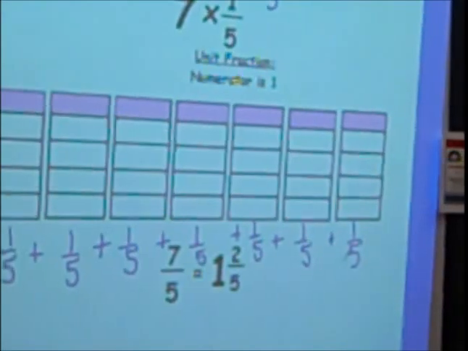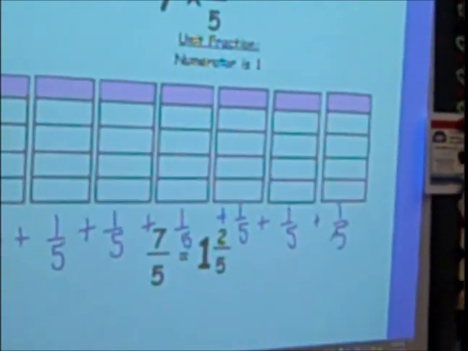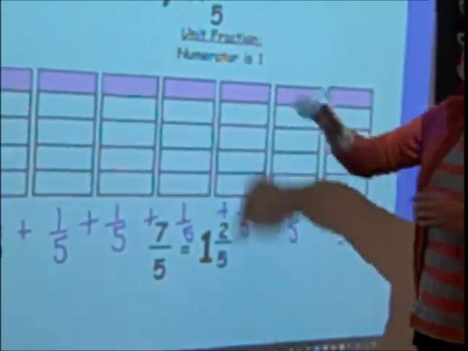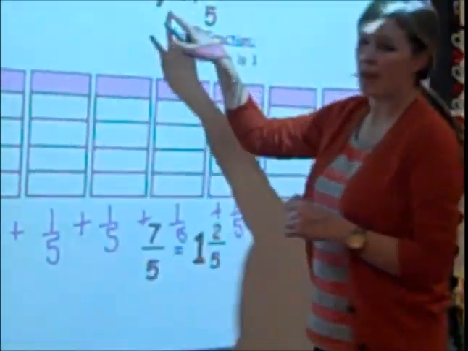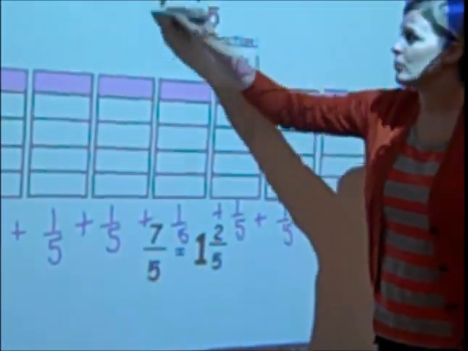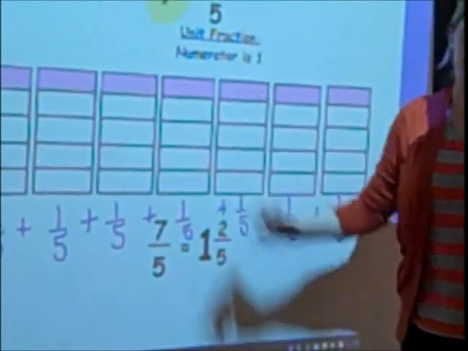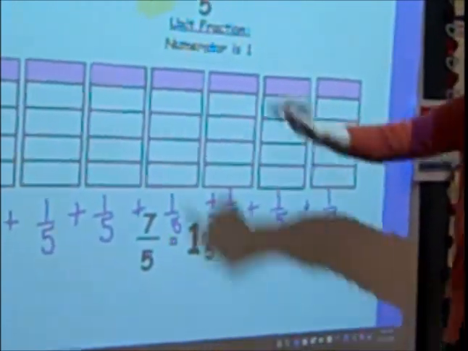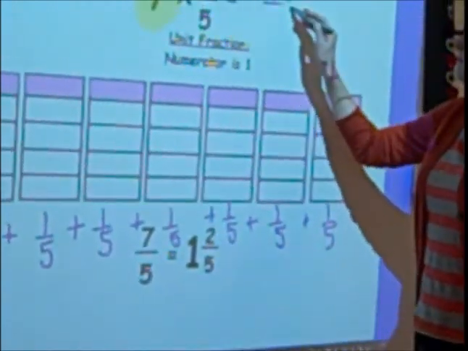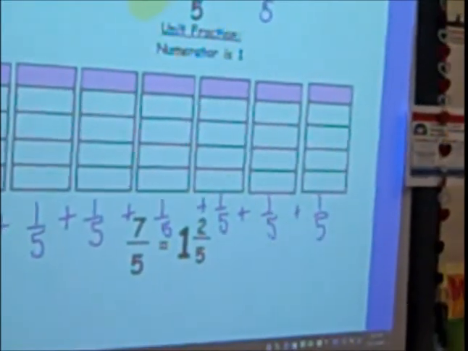It's my repeated addition sentence. 7 times 1/5, whenever you multiply a whole number by a fraction, you just multiply the whole number by the numerator. And you wind up with 7/5, and you would have to convert it.